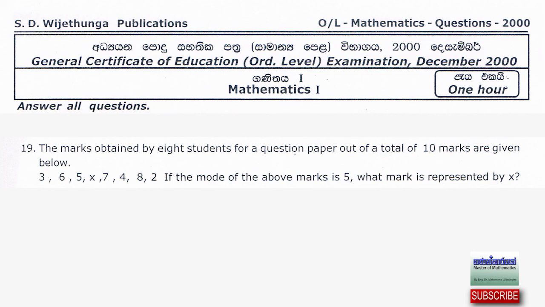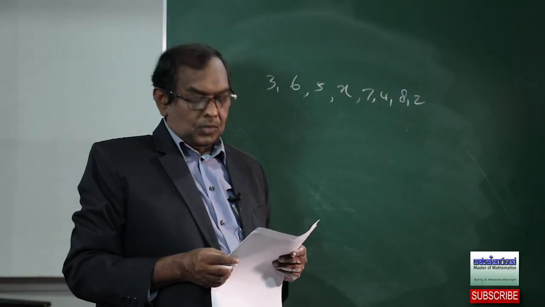The marks obtained by the 8 students are 3, 6, 5, x, 7, 4, 8, 2. The question is, if the mode of the above marks is 5, what mark is represented by x? The mode is 5.